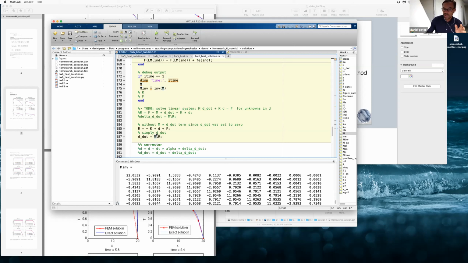This now makes it not very convenient if we want to parallelize. If we want to parallelize, it would be much more convenient if we would only need the neighbor information. But here we need the information from all elements to make that product.